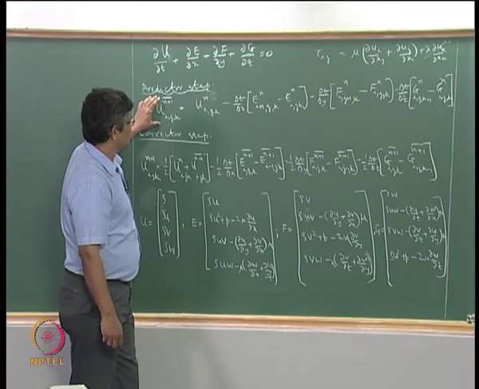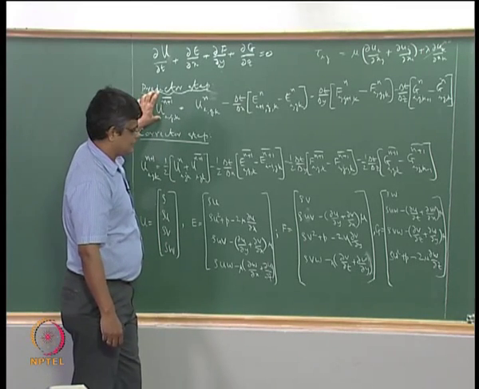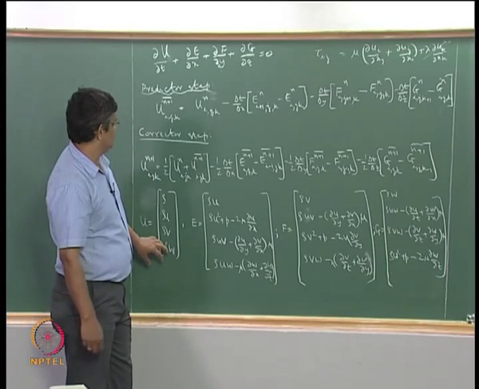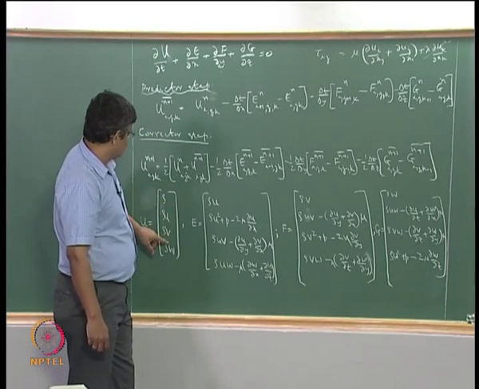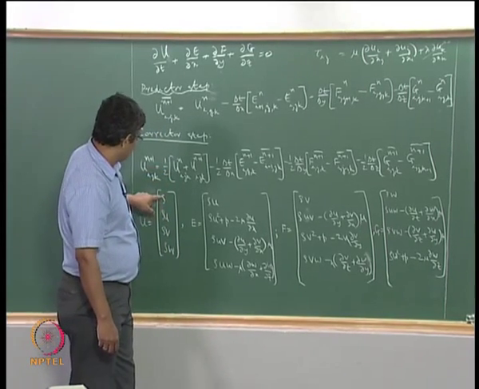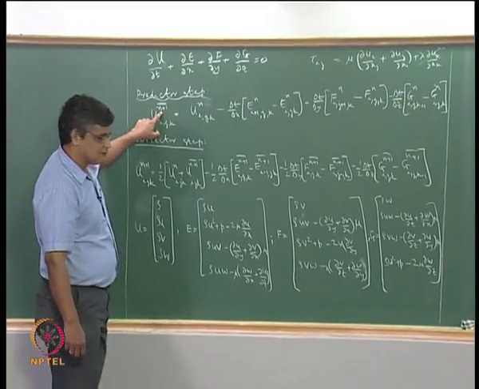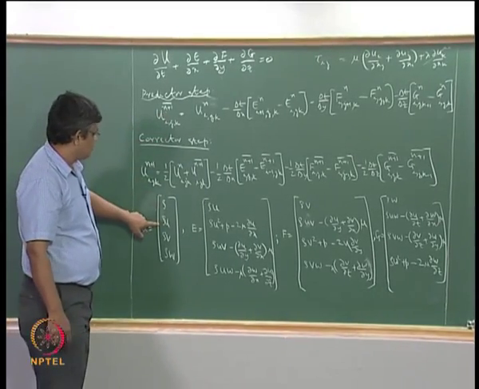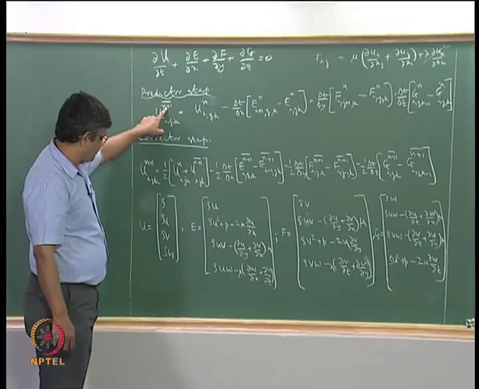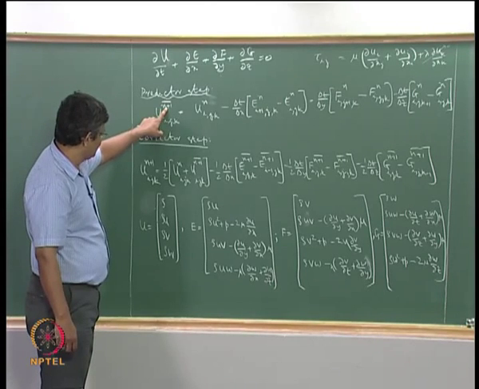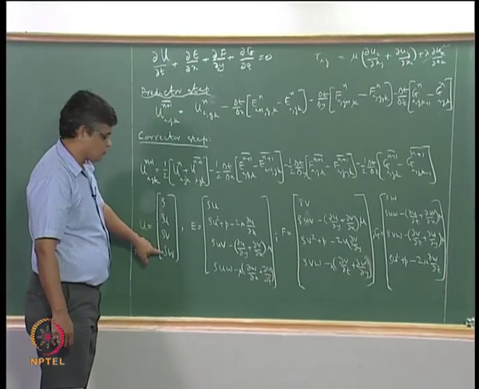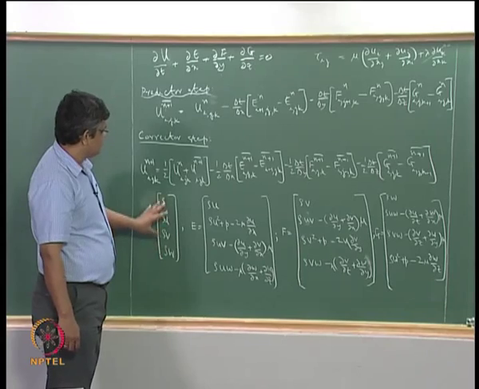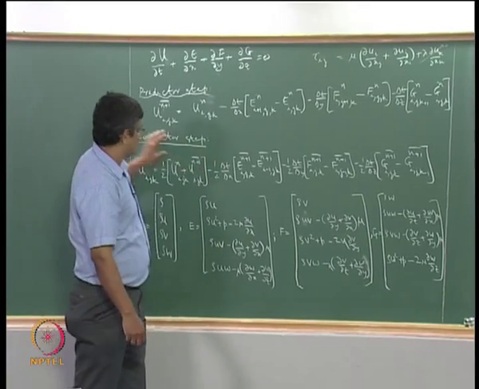We complete the predictor step for all the points and all the 4 variables, and once we have these, that means rho n plus 1 bar is evaluated for all ijk, rho u n plus 1 bar is evaluated for all ijk, and similarly rho v and rho w. Having these, we go to the corrector step.